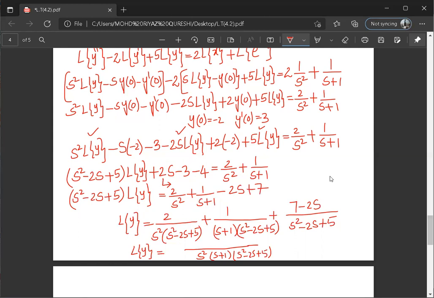This will be the LCM, and here if you see, this will be cancelling. S square minus 2s plus 5 here and here, these two are cancelled, means s plus 1 is left here. S plus 1 also cancels, means s square here, plus 7 minus 2s as it is over s square minus 2s plus 5. That's it.